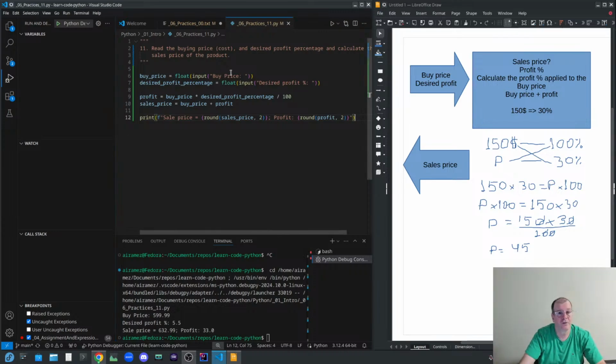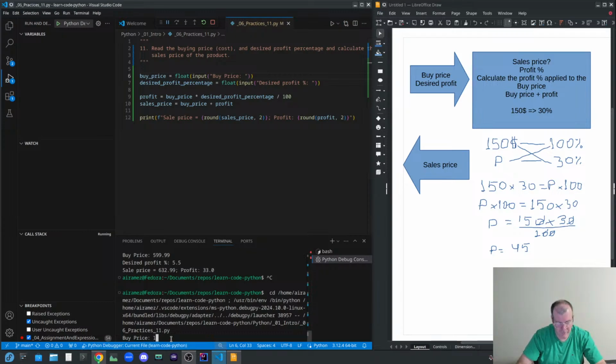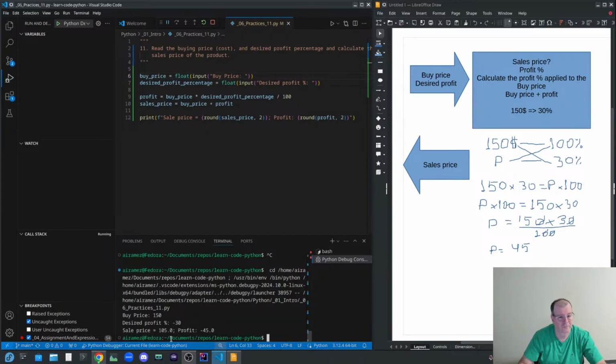And we could say, okay, you know what? I bought something for 150 and I want to have minus 30%. Let's see what happened here. Minus 30%. What will be the sales price?